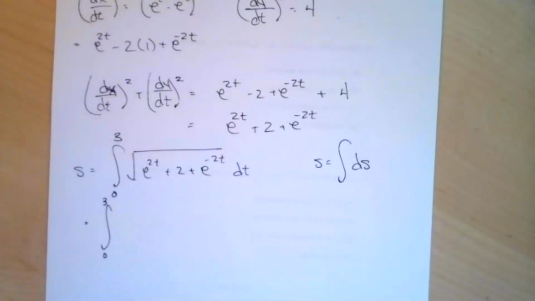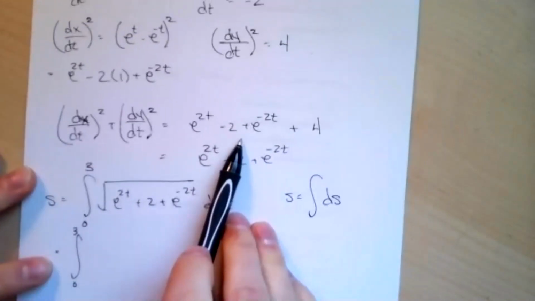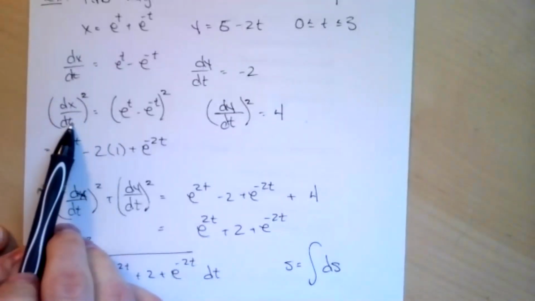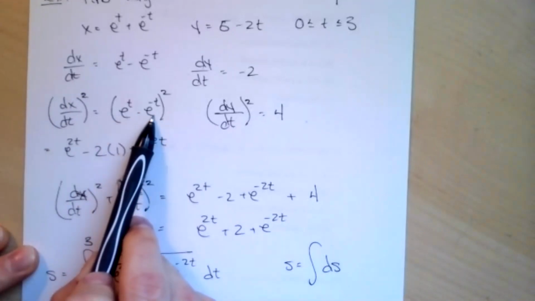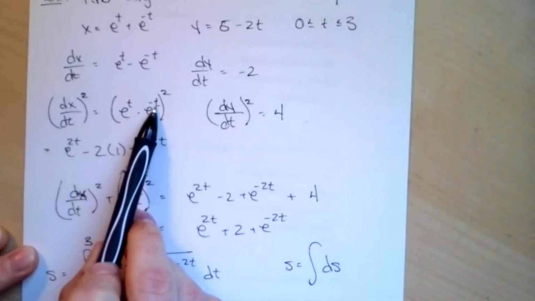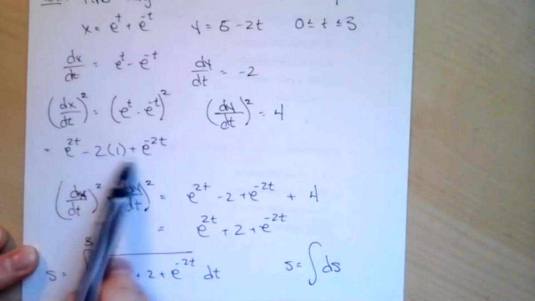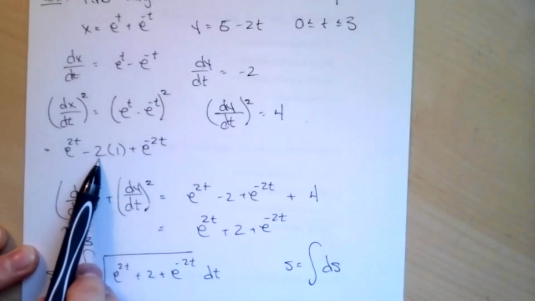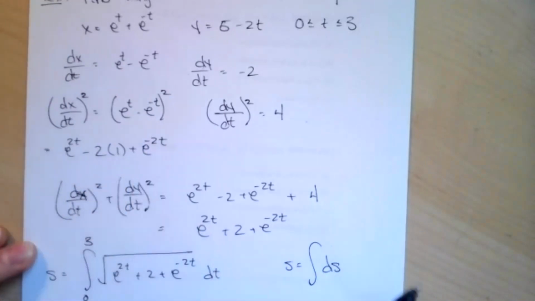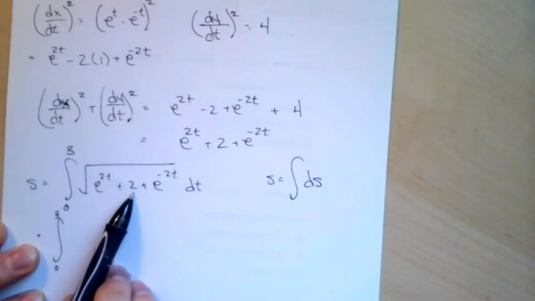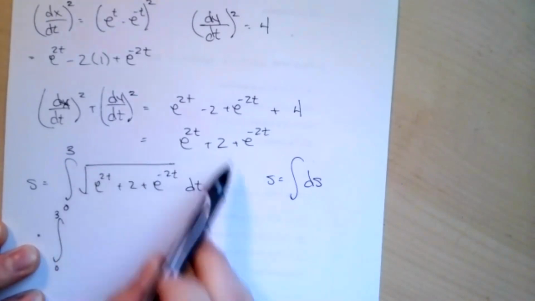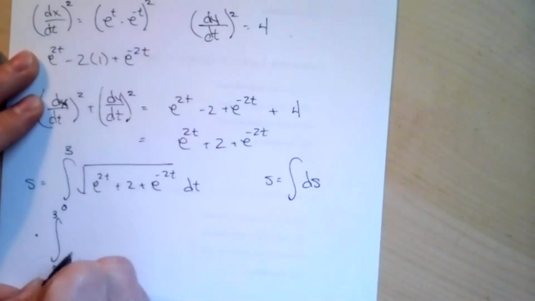If it seems rather exotic and complicated, you should look to see for some sort of perfect square. You should recognize that in our dx/dt, we had an e^t minus e^(-t). When we square this out, we get something with a negative 2 here. Now we have that same expression, except with just a positive 2.